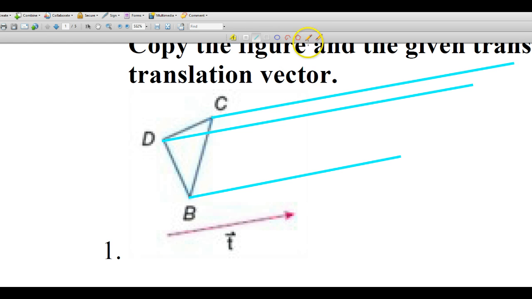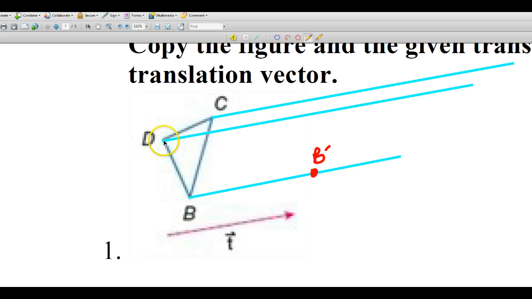And then from here, we would measure the vector, and then along each parallel line, we're going to mark off that same distance going in the direction of the vector. So the vector is this long, then I want to mark off using a ruler, measure this distance, and then transfer that same distance here.